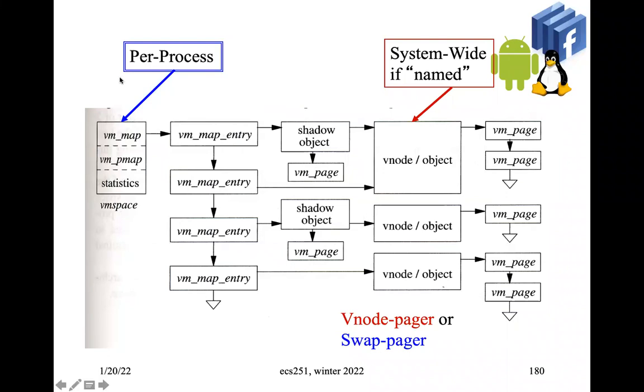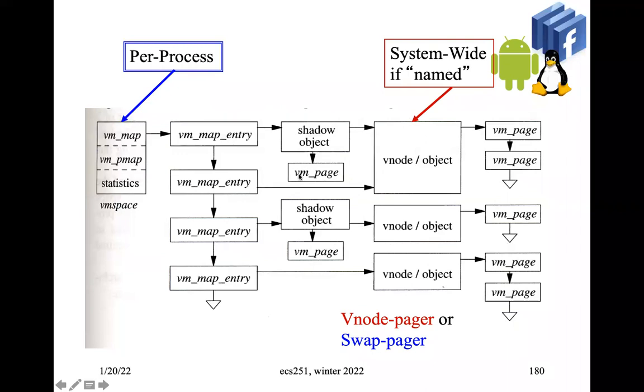Essentially, for each process, we create a VM map, a virtual memory map, which represents every single piece of virtual memory that you allocate to this particular application. With a 64-bit architecture, the virtual address space is 2 to the 64, and we're not going to use all of it, only part of it.